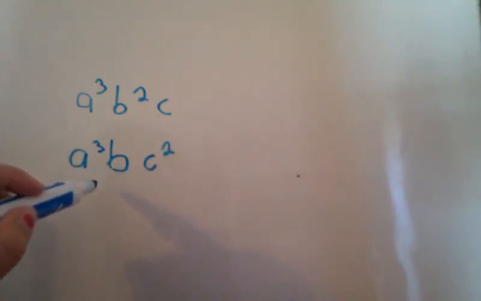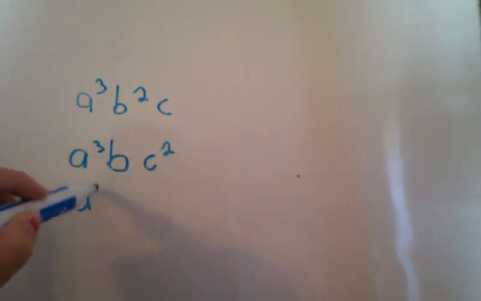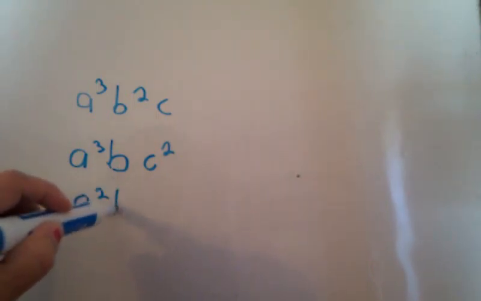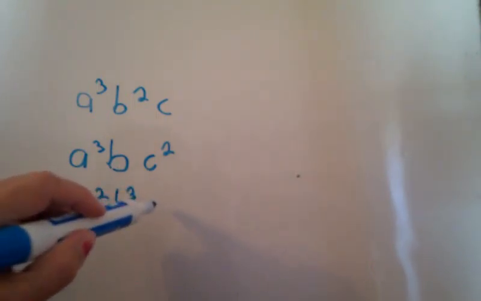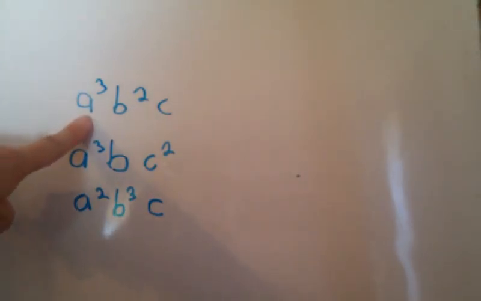And we have a squared b cubed c. Are these like terms? In order for them to be like terms, they have to have the same exponents. Look at the a. This is a cubed, that's a cubed, this one is not. This is a squared, so it's automatically false. I don't even have to look at anything else.